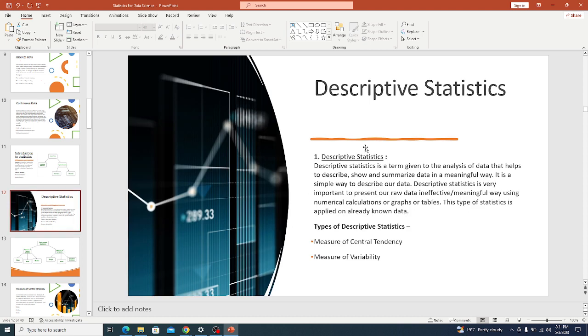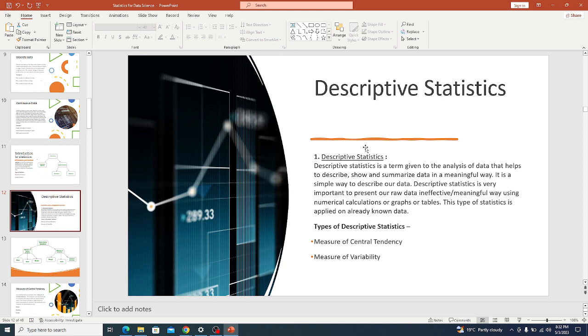Yesterday I gave you an overview, a short description of descriptive statistics. We said it comes from the term describe. It basically gives us a summary, or it describes our data set. That's why it is called descriptive statistics.